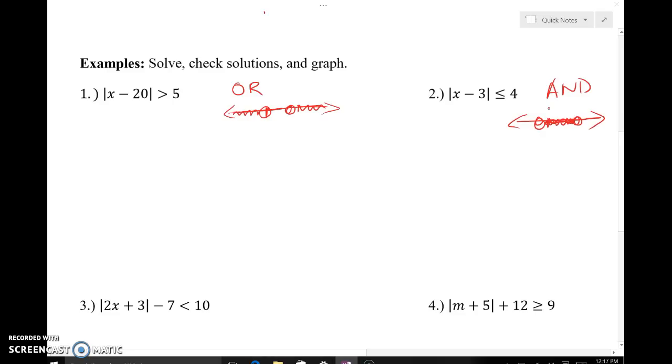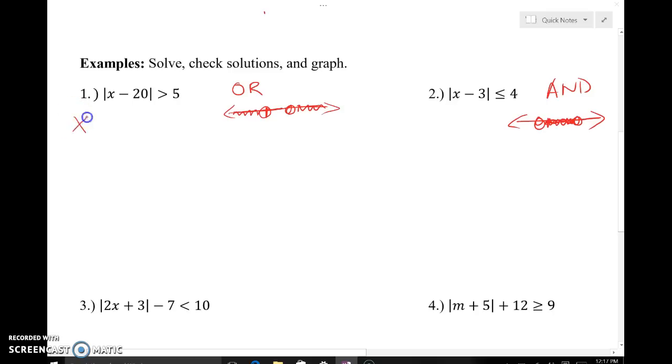All right, so again, like inequalities without absolute value, we treated them just like they were equations, so we're going to do the same thing here. Absolute value is isolated, so I could go ahead and split into my two scenarios. Again, I'm keeping in mind that it's a great or problem.